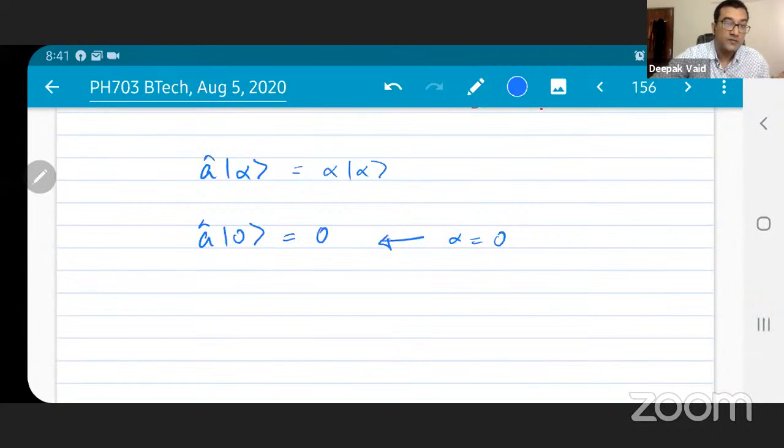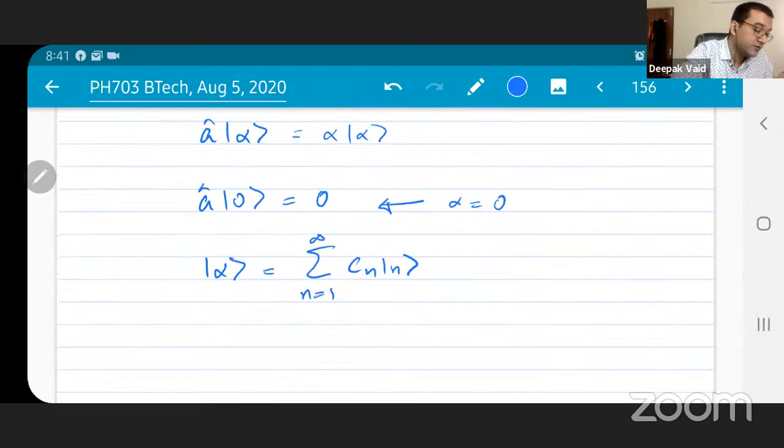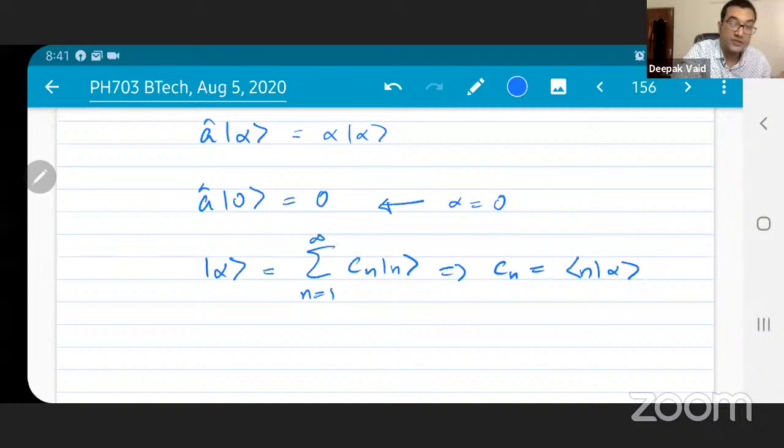So first we can ask, if I write this alpha, it is some state. So if it's some state, then I should be able to expand it in terms of the number operator basis, right? And what is this coefficient Cn going to be? Well, Cn is just going to be the projection of alpha onto n, right?